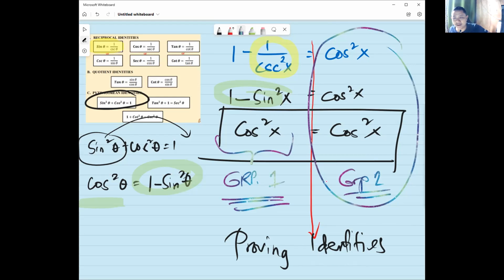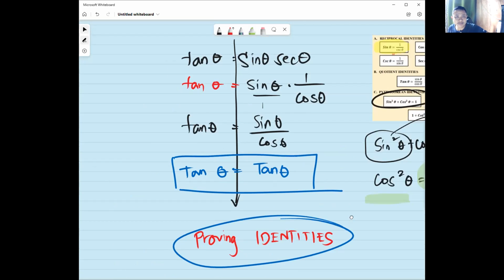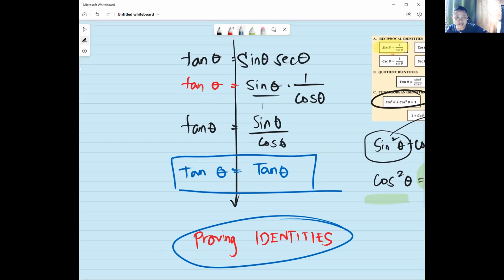Parang ganon. Okay? Essay type po ba yung proving or other type po? Yeah, this is the proving. Ito na yung proving identities. This is actually the proving identities. Here. Yan. Ito na yon. This is it. This is already our proving identities.